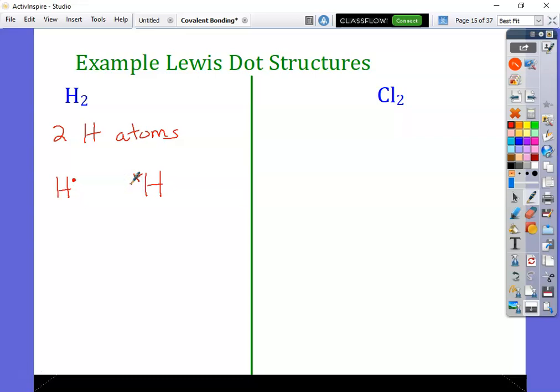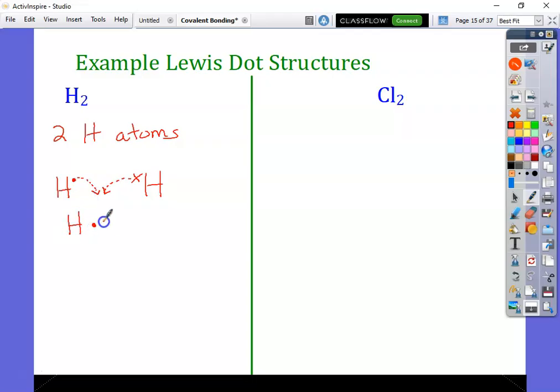So if these hydrogens bump into each other, then they each have 1, they each want 2 electrons to become like the closest noble gas, which is helium. And so this hydrogen atom will put its electron toward making a shared pair of electrons. And this hydrogen does the same thing.